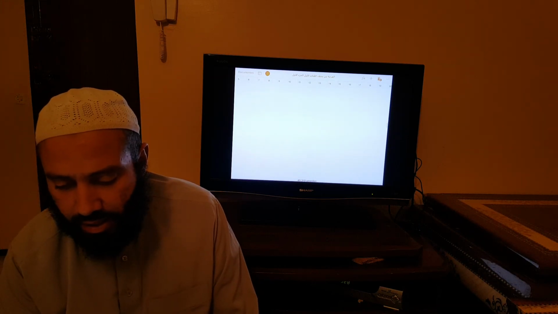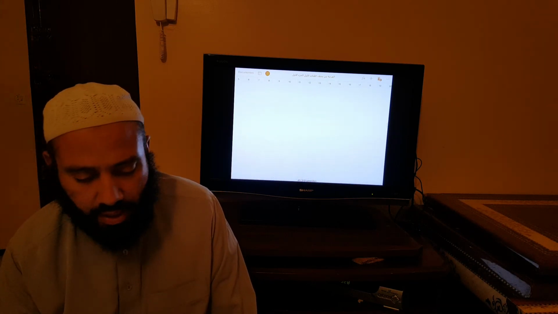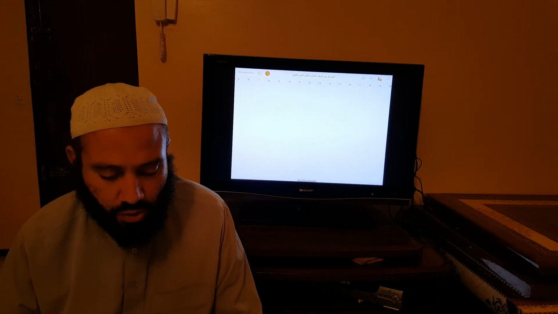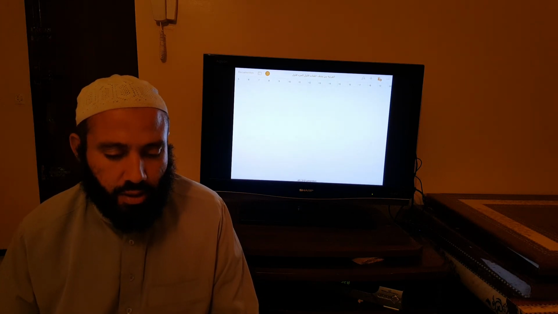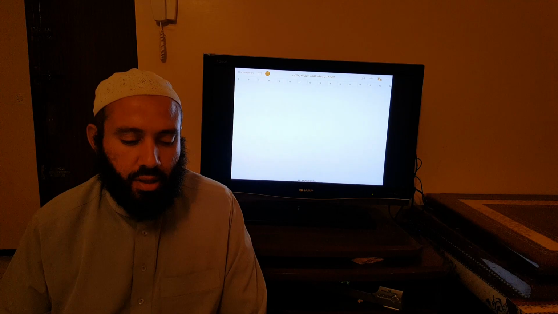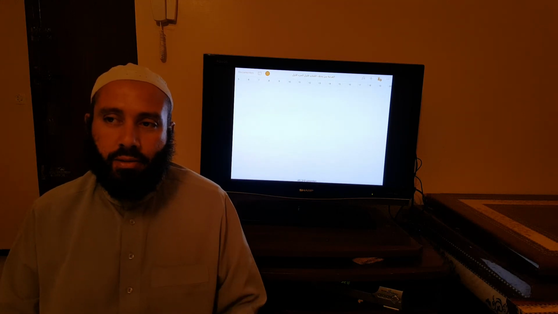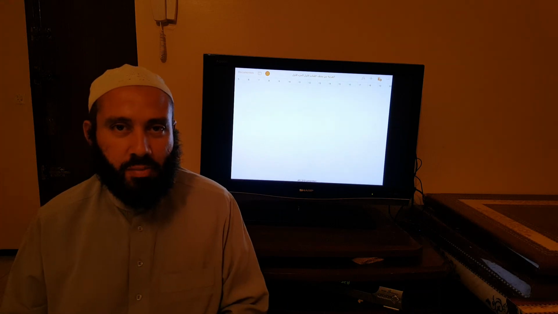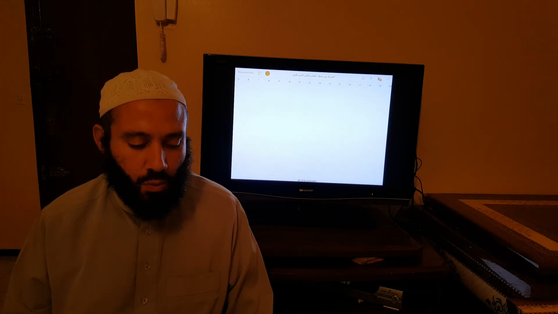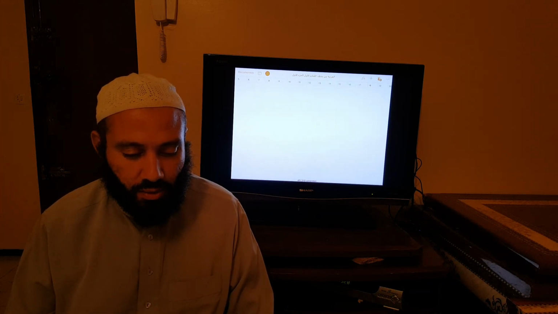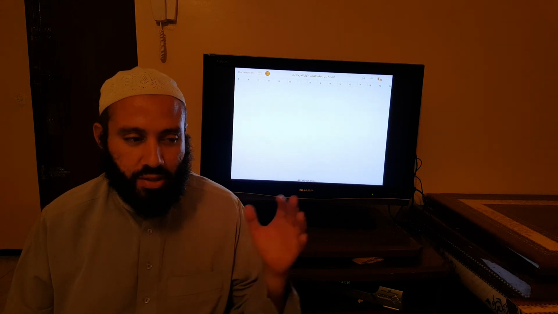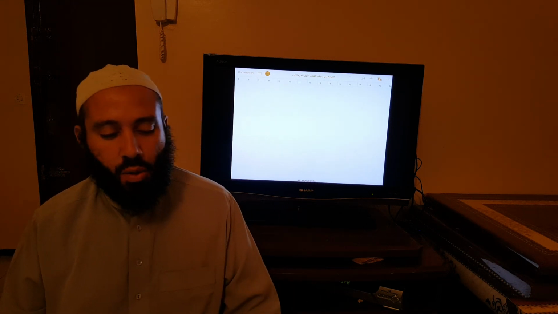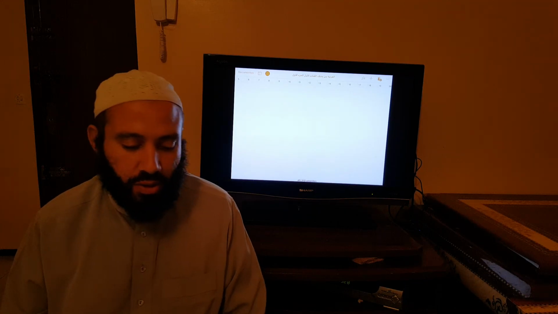So this is something that has to be done many times and continuously, because finishing a chapter, or how can I say, finishing a second chapter while forgetting the first chapter, what is the benefit of that? Reaching the 7th or the 8th chapter while forgetting 5 chapters, what is the benefit of that?